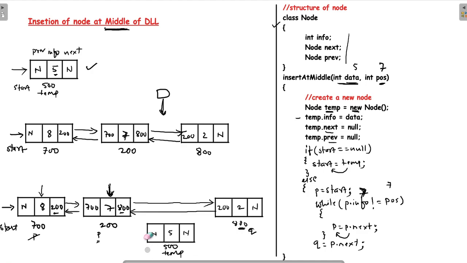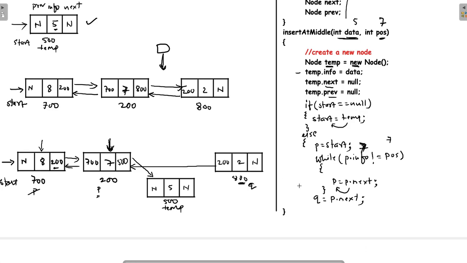Now it is very simple. In p's next you will be writing 500. Okay, if you are writing 500 here, automatically this will be pointing to the address 500. So where you have changed, p of next is your temporary. So after this you will be writing p of next equals temporary.